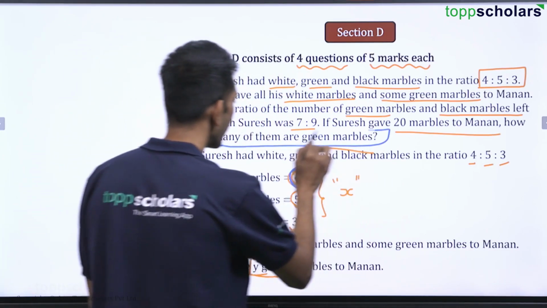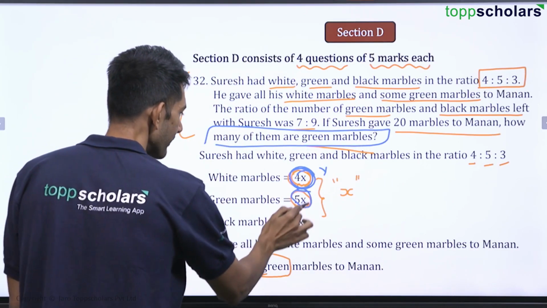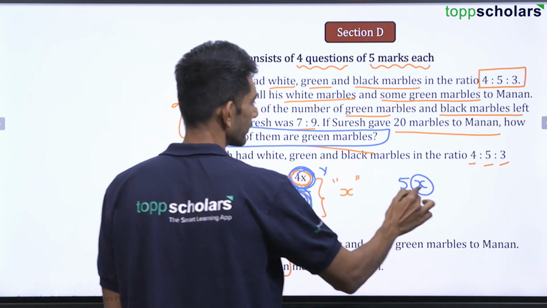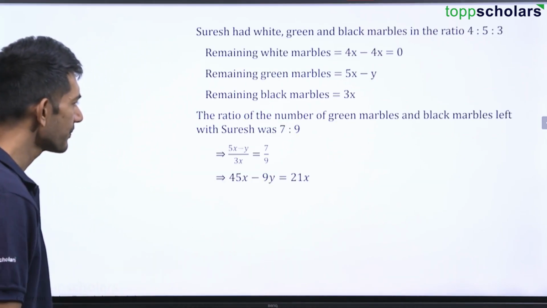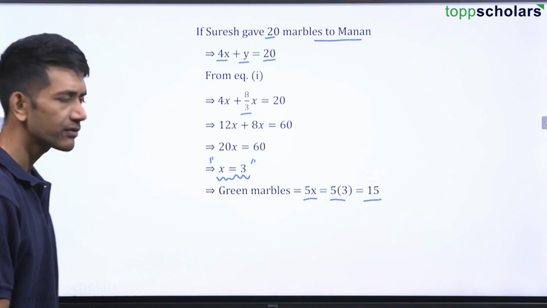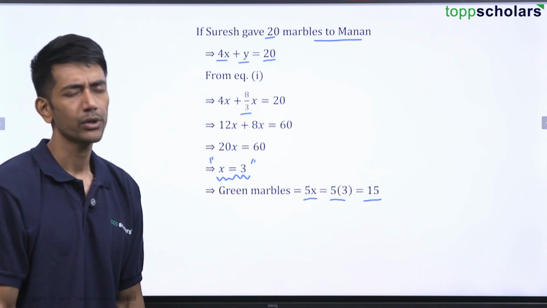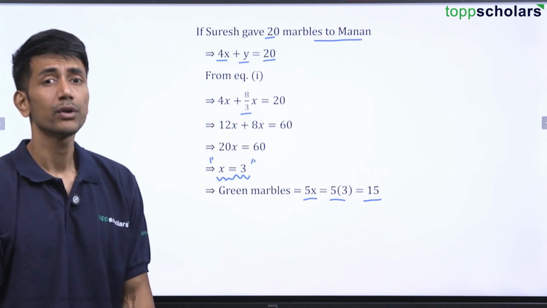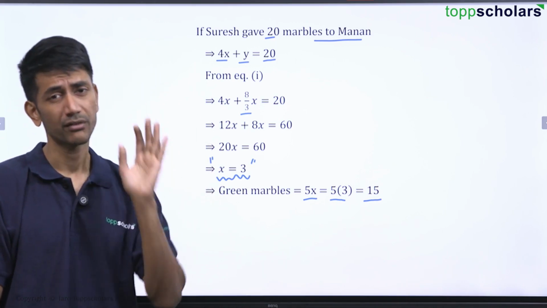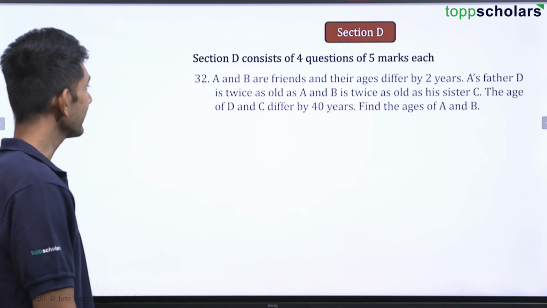How many of them are green marbles? 5x, and we got the value of x, right? Easy. So once we got the value of x as 3, 5x is 5 into 3, that is 15. No need to find out the value of y. No need to find out the value of the other marbles as well. Whatever is asked, that is more than enough here. Perfect. Let's have a look at a new question now.